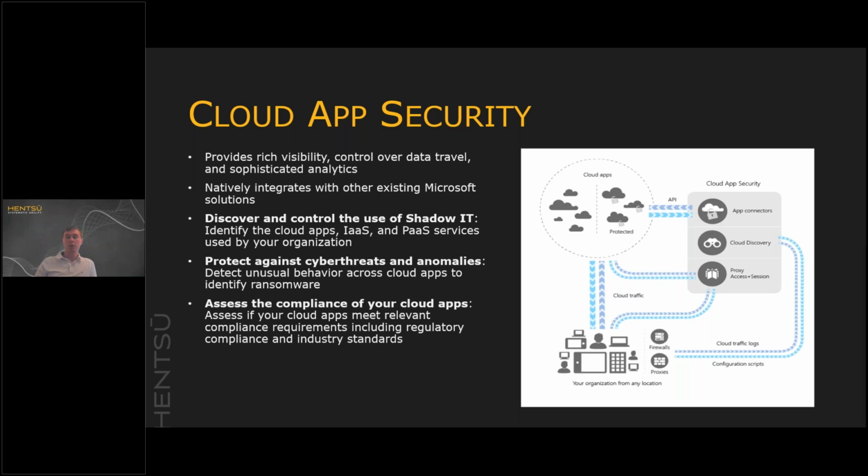Each application is given a score based on a different set of metrics. The score then calculates to be a red, amber, green status, and you can see per app if it can meet certain compliance requirements, regulatory, or security as well.